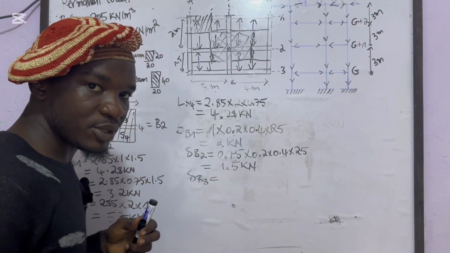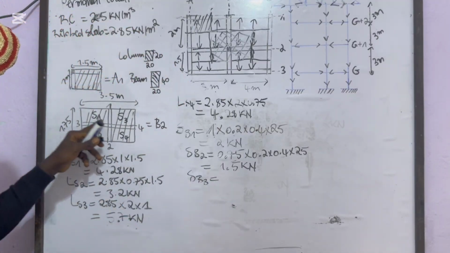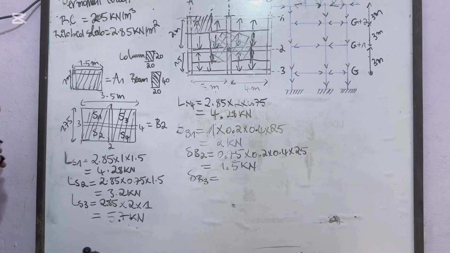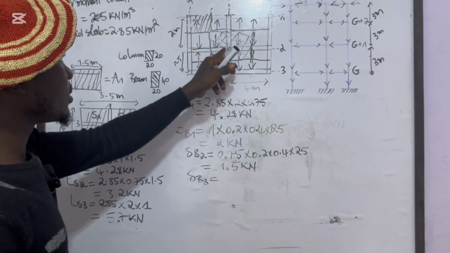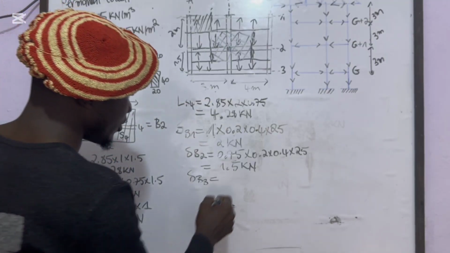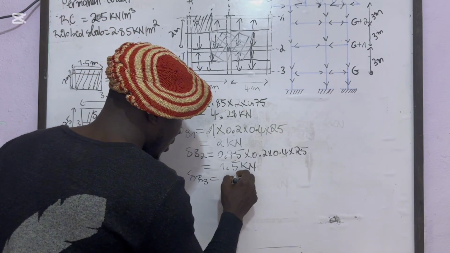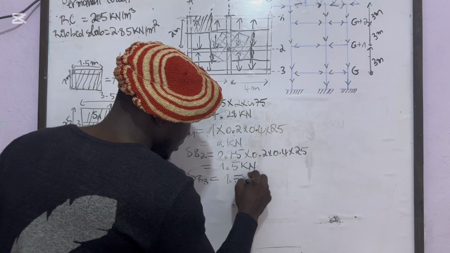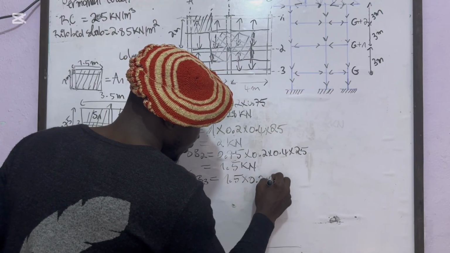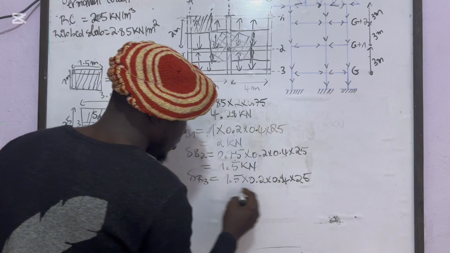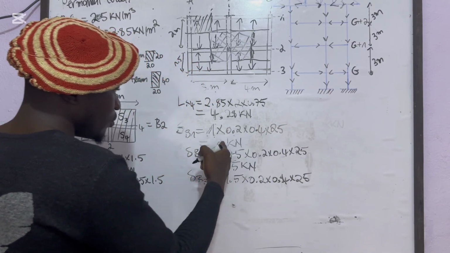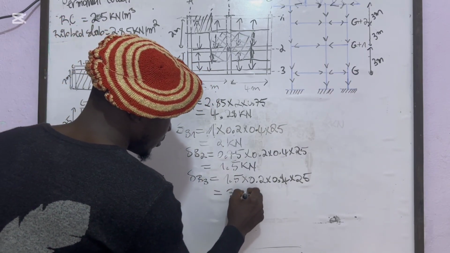For SB3 now, this is our beam 3. The length of beam 3 is 1.5, times the same cross section, nothing has changed, times 25, which gives us 3 kilonewton.